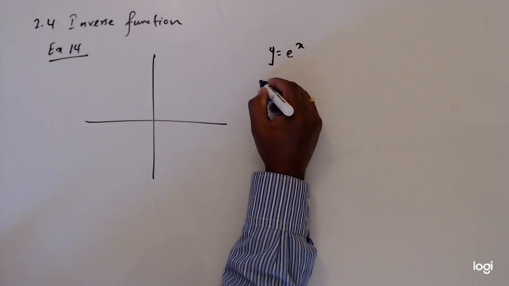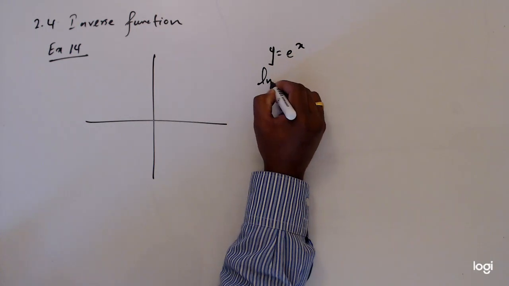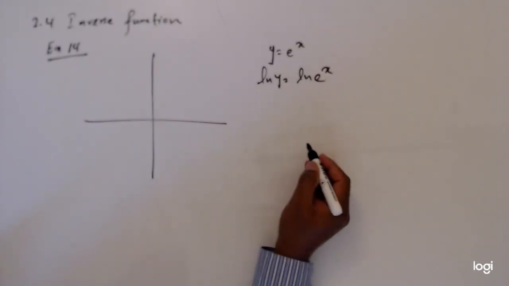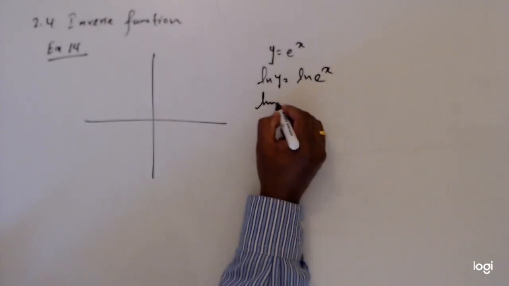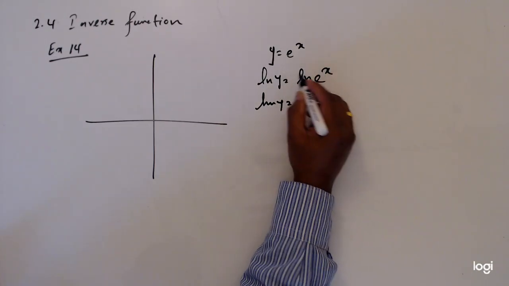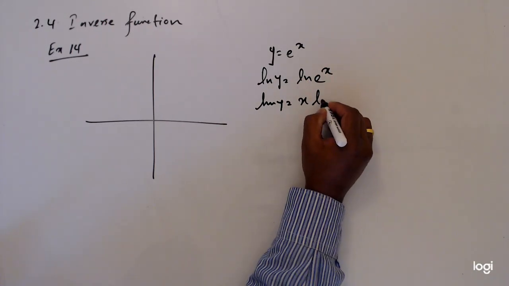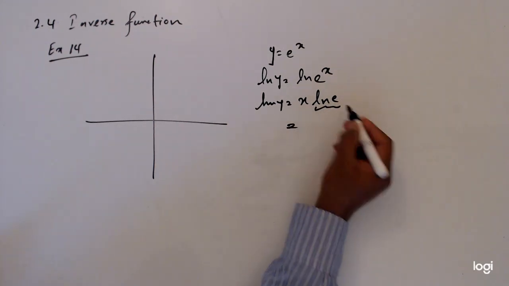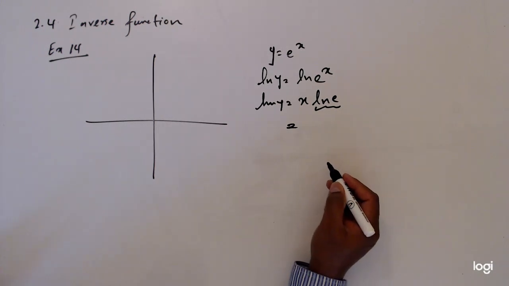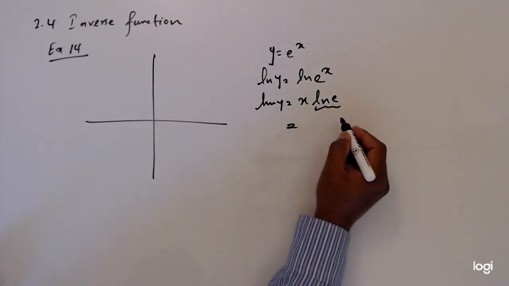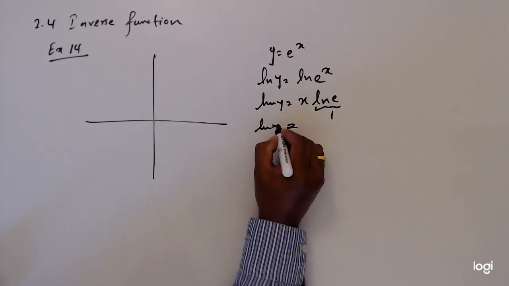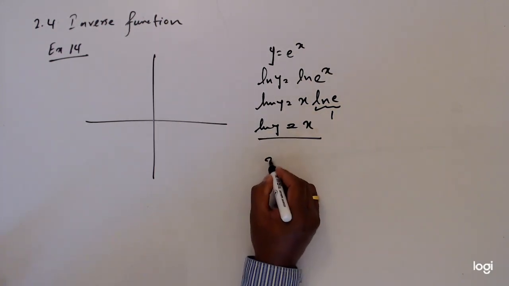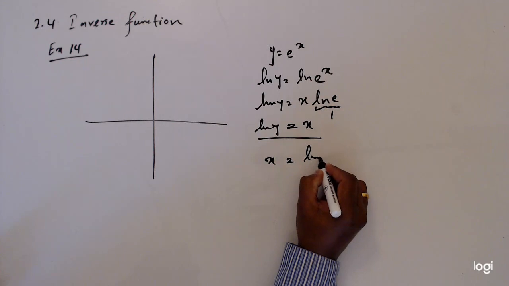The standard process is to take ln of both sides, then ln y equals x times ln e. Then ln e is 1. So ln y equals x. I will rewrite this: x is ln y.